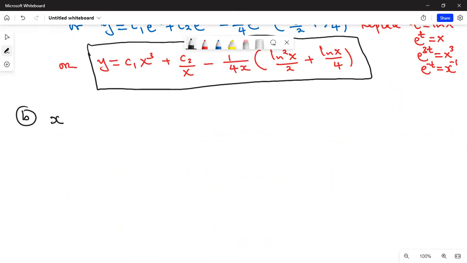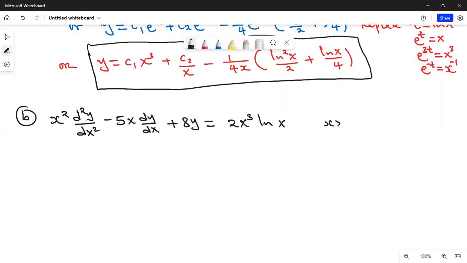x squared d squared y over dx squared minus 5x dy dx plus 8y is equal to 2x cubed ln x.